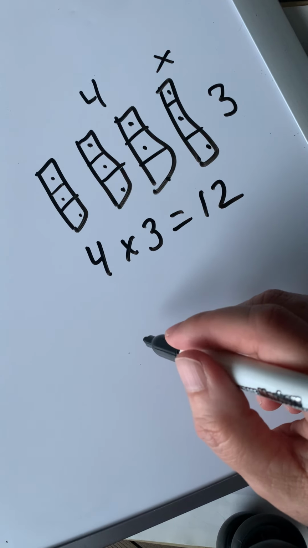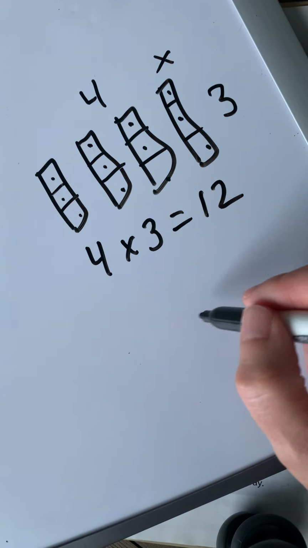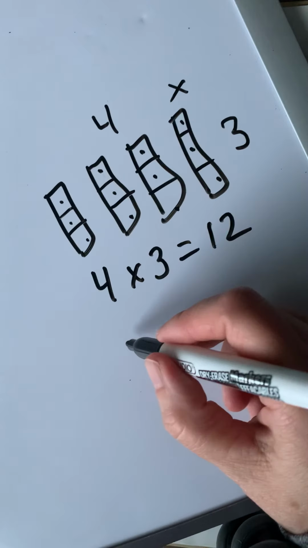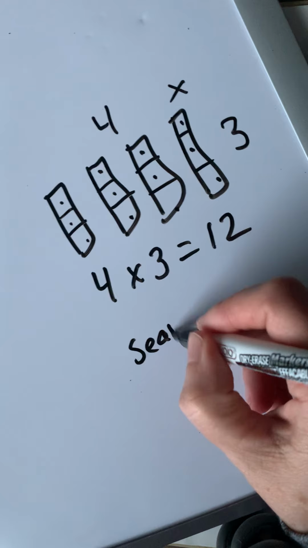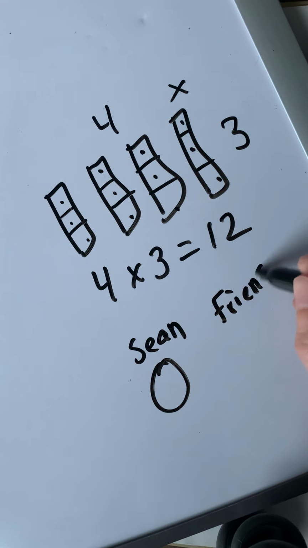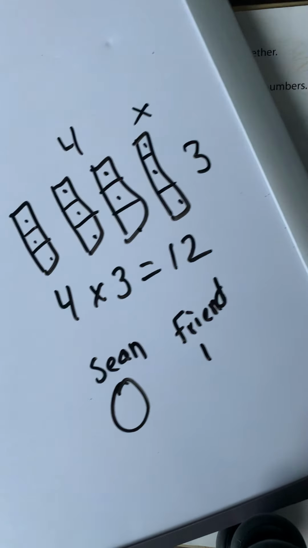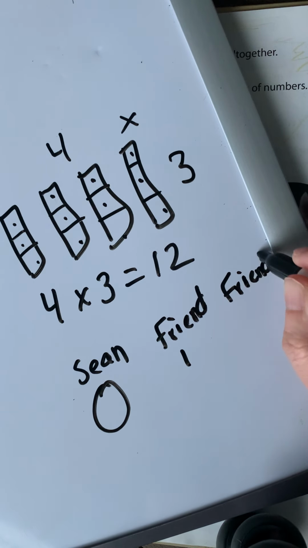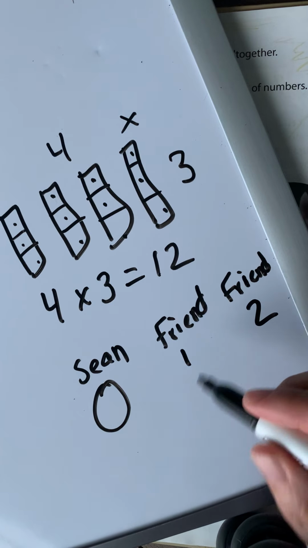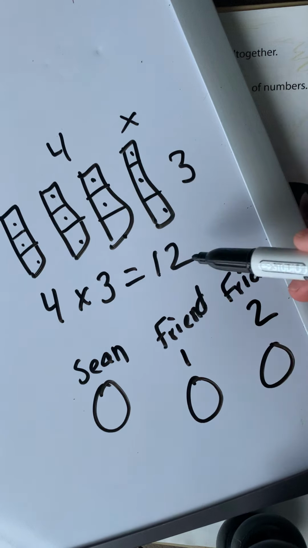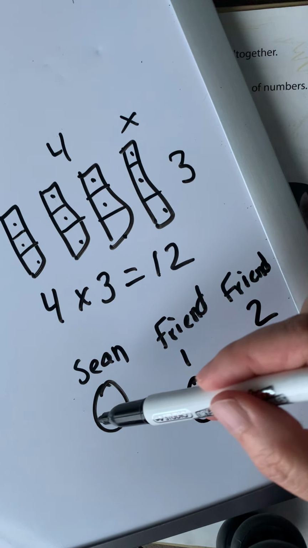But he's going to share with 2 friends. So there's going to be, how did he spell his name? Sean. So there's going to be Sean. There's going to be friend number 1. And there's going to be friend number 2. There's 12 pieces. We figured that out already.